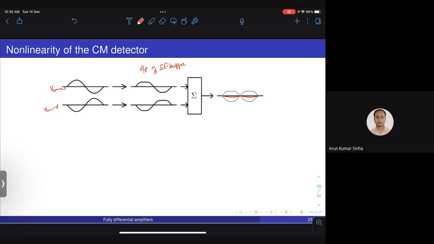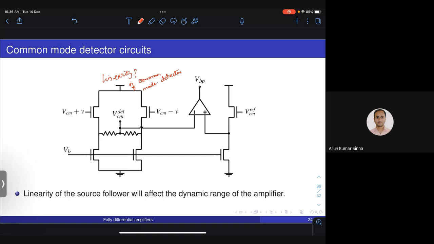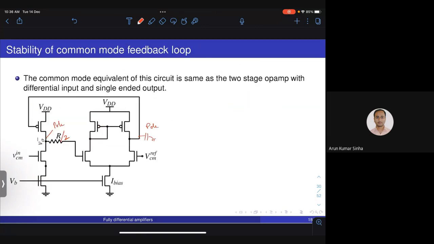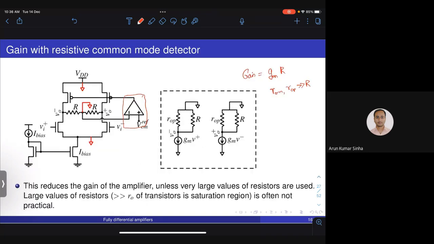I have shown the non-linearity by showing the output getting saturated, and the saturation will be different on the upper side and the lower side. Now, if you take the average of these two, you will find that the average will not be equal to VCM. In fact, it will have some component which is at 2F. If you look at the overall feedback loop, let me go back to the block diagram representation.